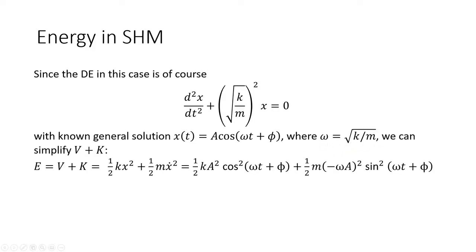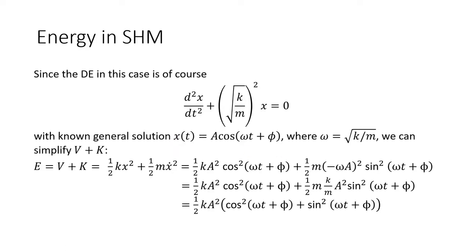With this, we can massively simplify the expression for the total energy by simply substituting for x and its derivative from the general expression, and then run-of-the-mill simplifications, cancelling and grouping of terms. We reach a point with a familiar trig identity, and we are left with a nice clean expression for the total energy, where you will notice that the total energy is proportional to the square of the amplitude.